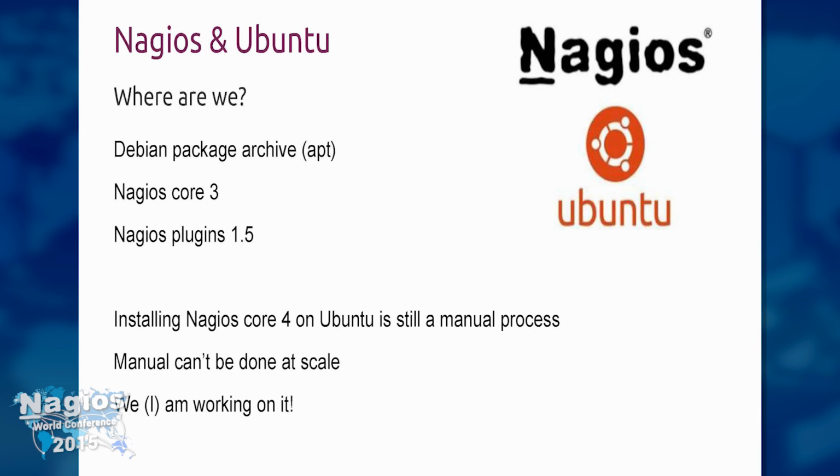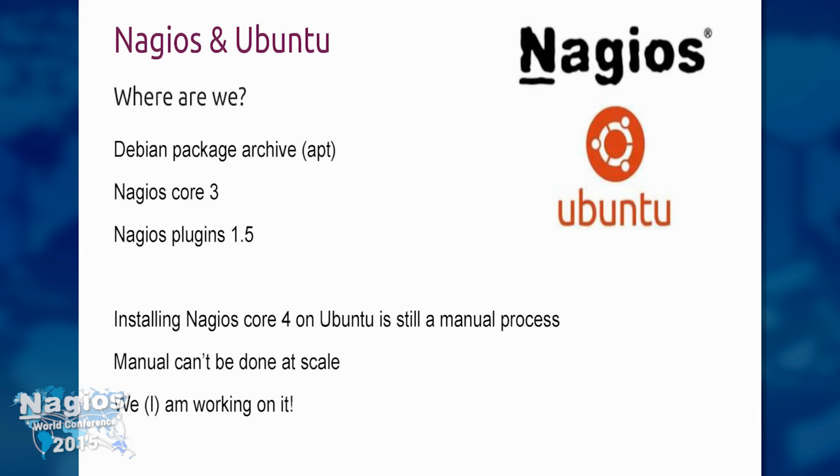I know most of you here are CentOS or Red Hat users, but the state of things right now is we only have Nagios Core 3 and Nagios plugins 1.5 in the repository. So installing Nagios Core 4 is a manual process, and manual doesn't work. But I didn't quite get it all the way finished, so I didn't demo it because it's not as good as the Nagios 3 charm.